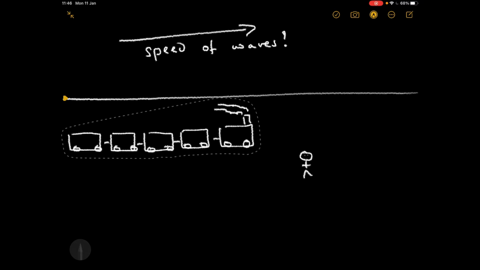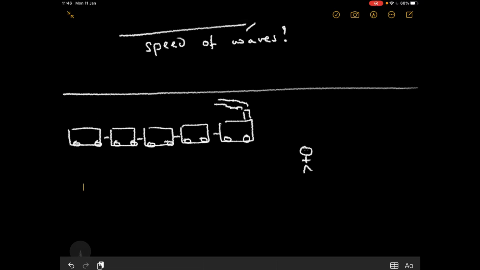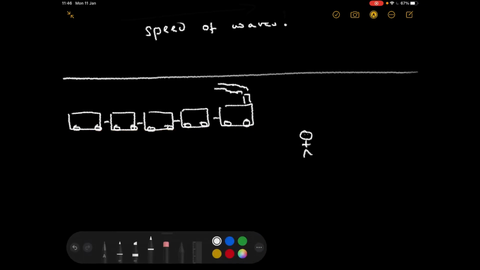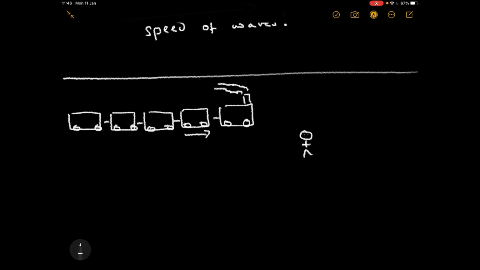past him. Now, let's say this person knows that the length of a carriage, they're all the same, and the length of the train itself as well, and they are all 25 meters.